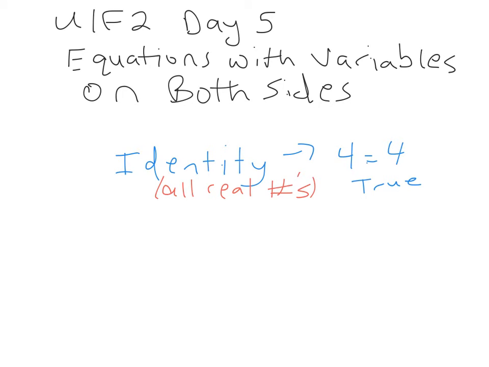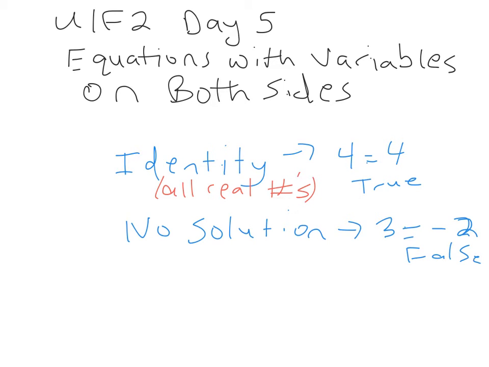Now another thing that could happen is that we have no solution. On a no solution, that is if you have something like 3 equals -2. Well, 3 equals -2 is a false statement.